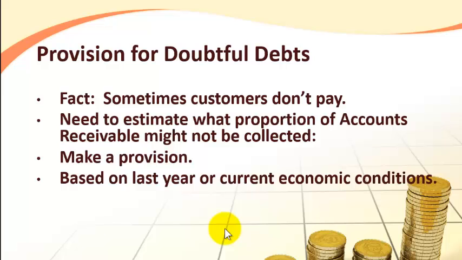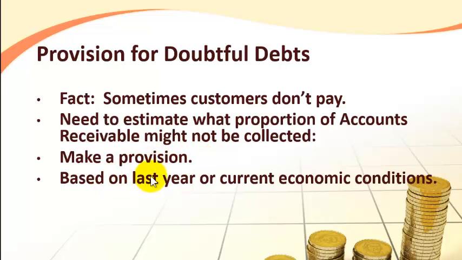In any instance, we must estimate what proportion of our accounts receivable might not be collected. That's usually based on past experience and also expectations from an economic perspective. So if things are going bad in the economy, we might expect our level of bad debts, based on past experience, to go up. Therefore, we have to make a provision.